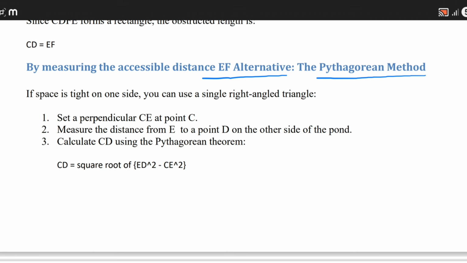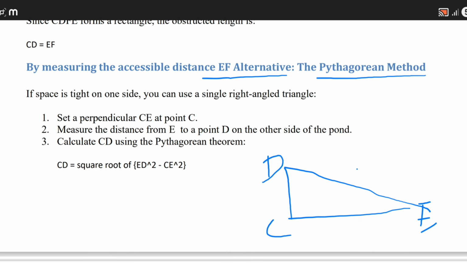We can use Pythagoras. This is a line, this is point C, this is point E. You erect the perpendicular at the point and measure the distance ED. You join these lines, D and E, across the pond.